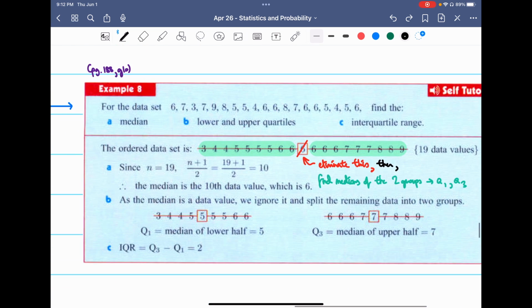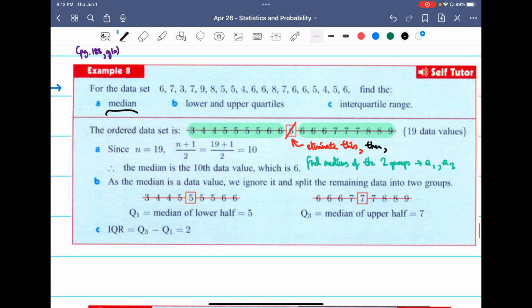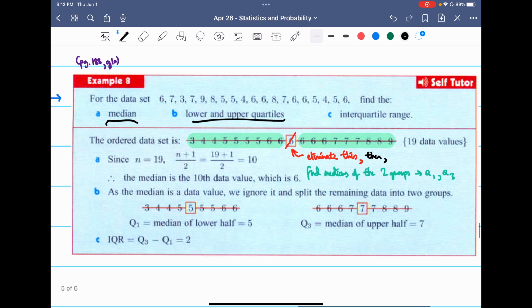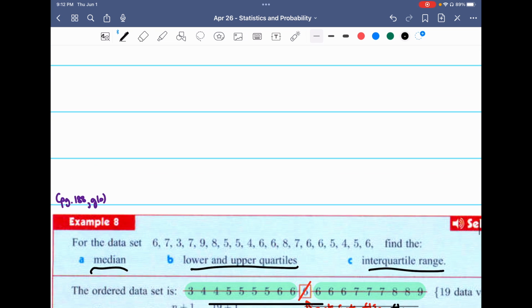Let's see. For the data set, wow, that is a lot of numbers. Find the median, lower and upper quartile, and interquartile range. So first, what did I say when we want to find the median? The first step is always to list the numbers in increasing order. So I see 3, which is the lowest number.